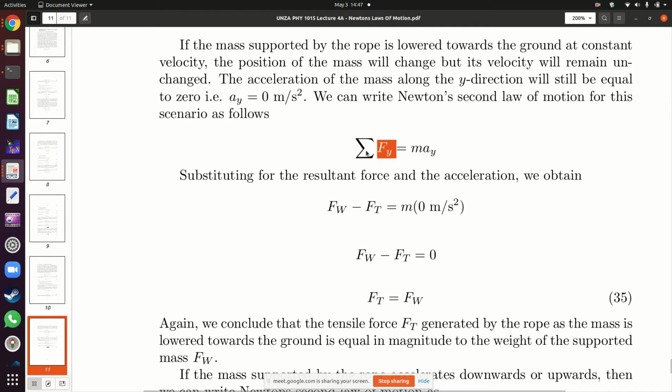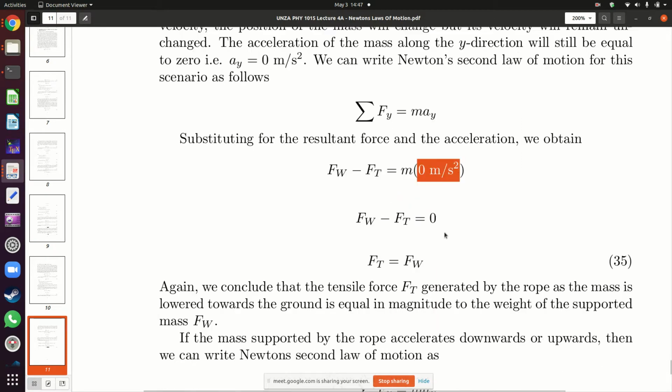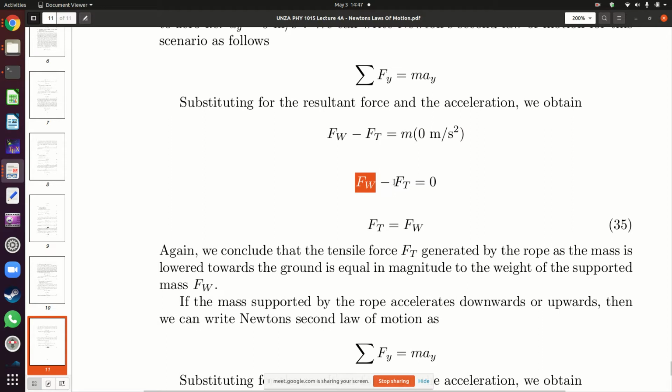The resultant force, the weight minus the tensile force, equals the mass of the load, block, or whatever it is, multiplied by the acceleration, which is 0. So Fw minus Ft equals 0, and in this case, again, the tensile force is equal to the weight.